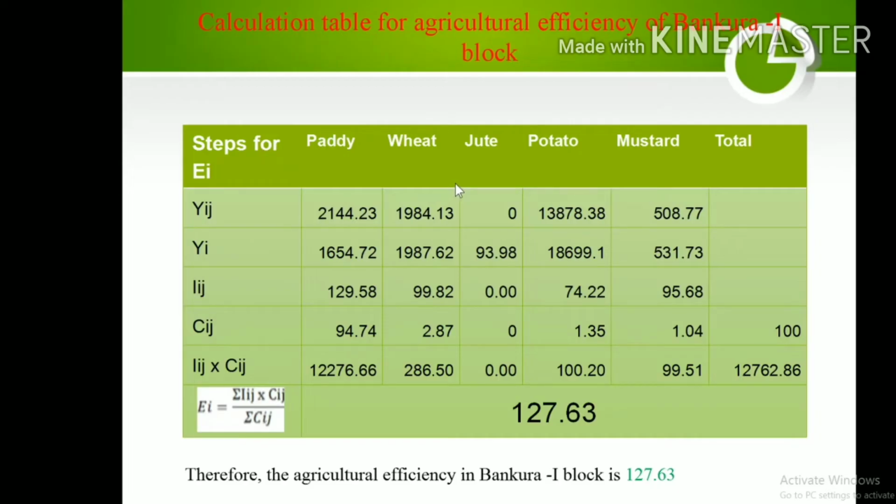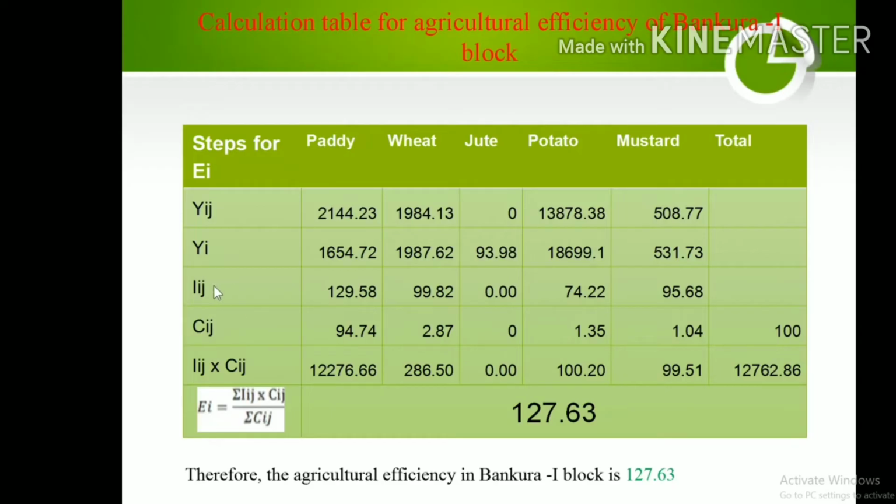In the first row, write the name of the crops: paddy, wheat, jute, potato, mustard, and one column for total. And the first column represents the steps for agricultural efficiency. The steps of agricultural efficiency are Yij, then Yi, then Iij, then Cij.